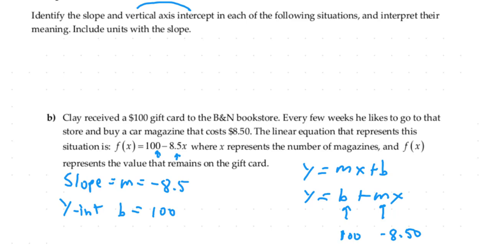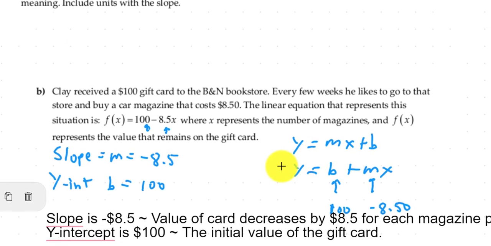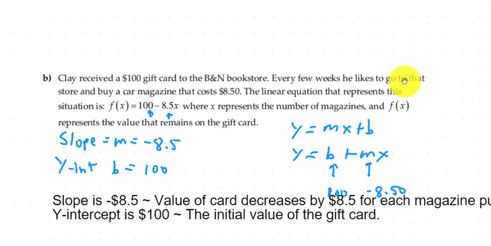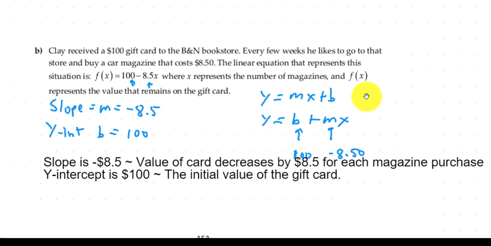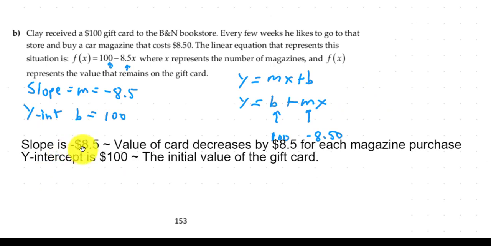Okay, and let's come up with a practical meaning. I tried to type this down here. The slope is minus 8.50 because the value of the card decreases by $8.50 for each magazine purchase, or you could say the rate of decrease is $8.50 for each purchase.